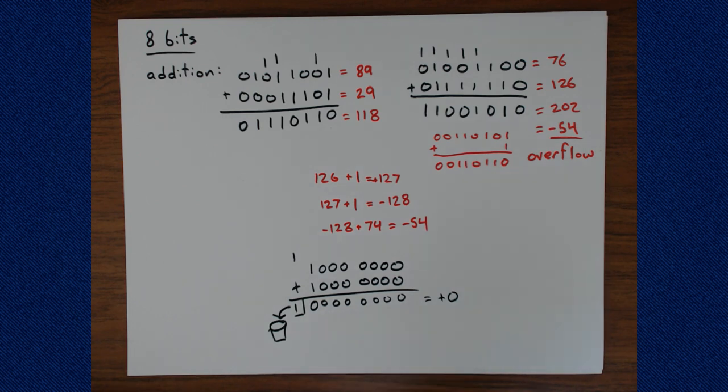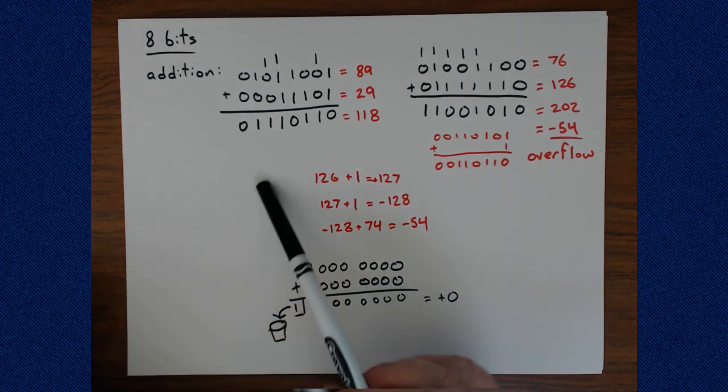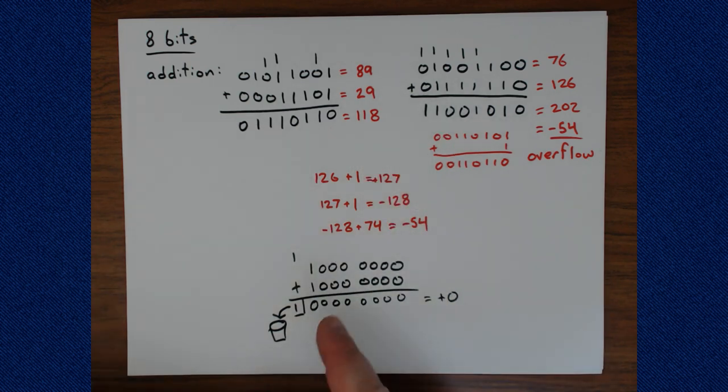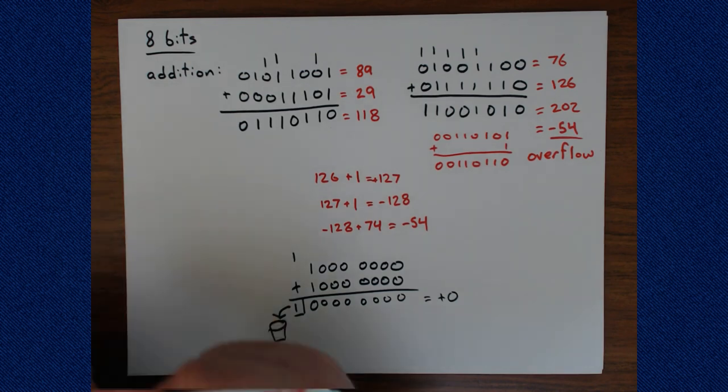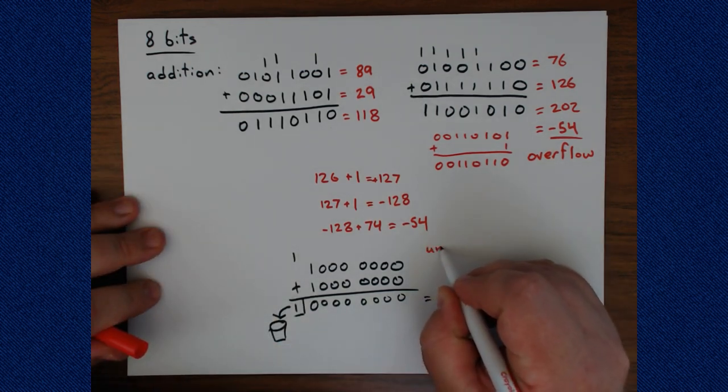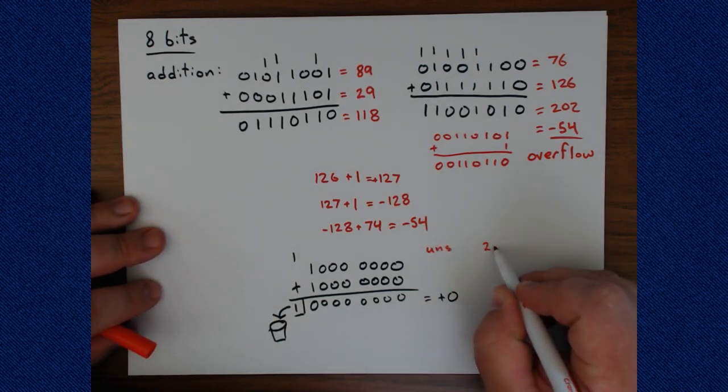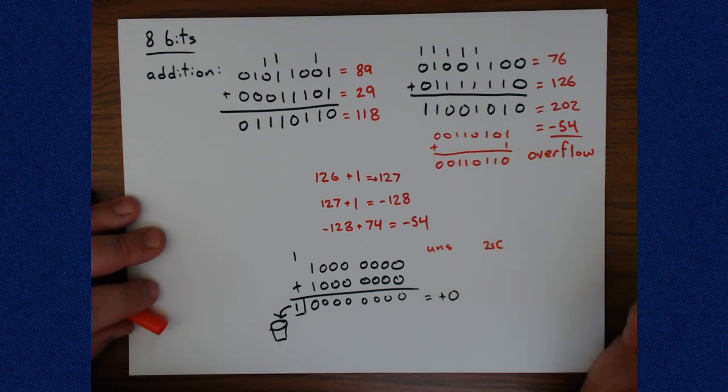And that number is interpreted the same way regardless of whether this is a signed or an unsigned system. Now, we would like to know what these values represent, but since they have ones in the sign bit, unlike our other two examples, the interpretation depends on whether we are in an unsigned representation or a 2's complement representation.